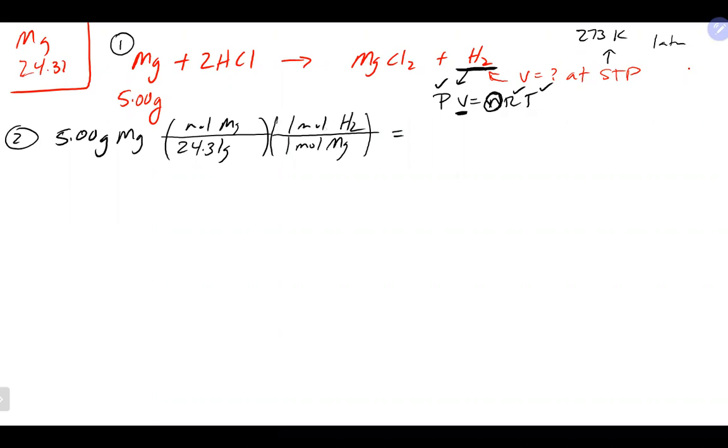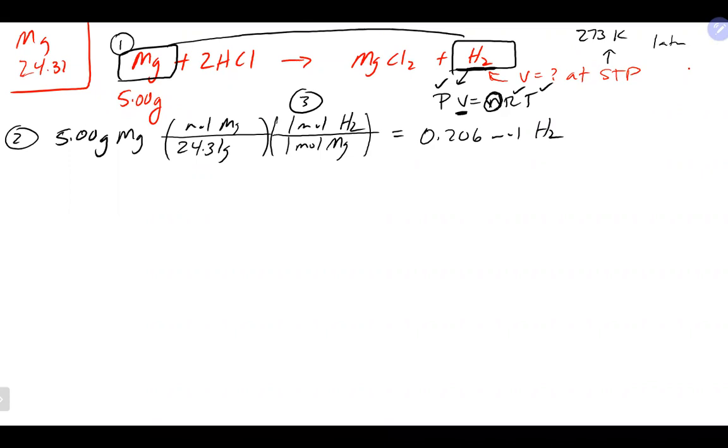That gives us 5 divided by 24.31, which gets us 0.206 moles of hydrogen. This would be the third step in the stoichiometry scheme, using the balanced equation and the multiple relationship between these 2, which is a 1-to-1 relationship.